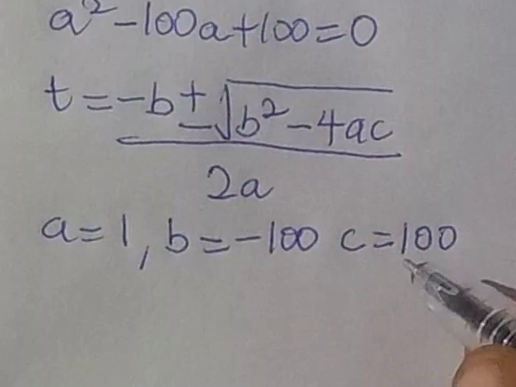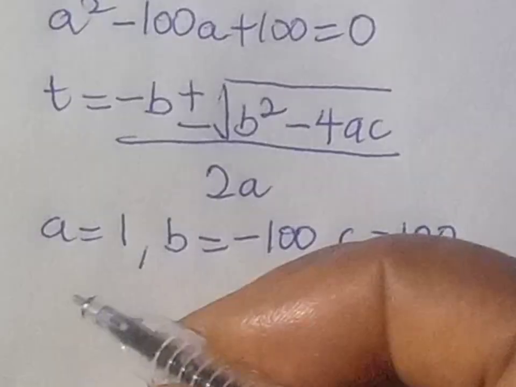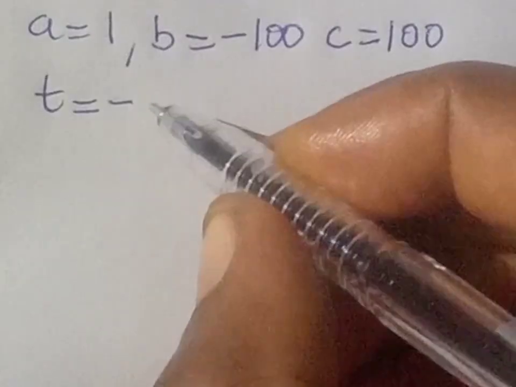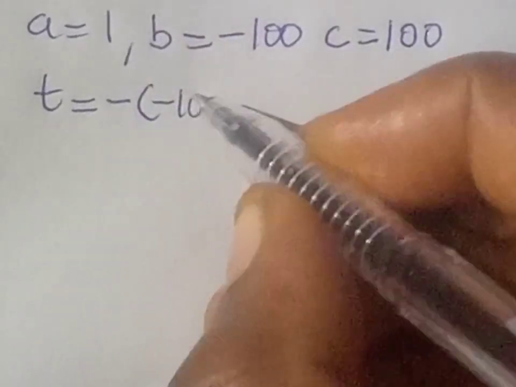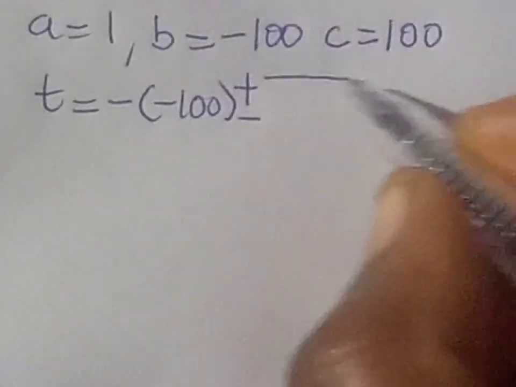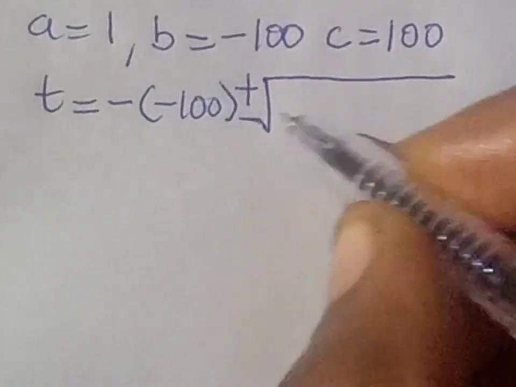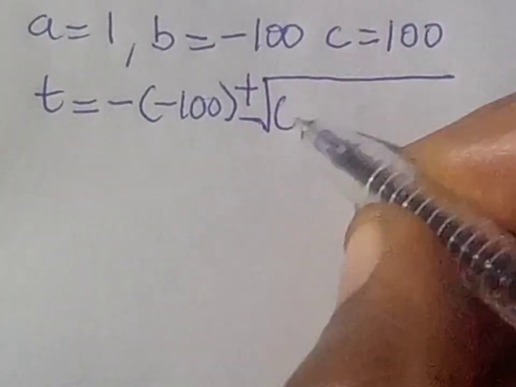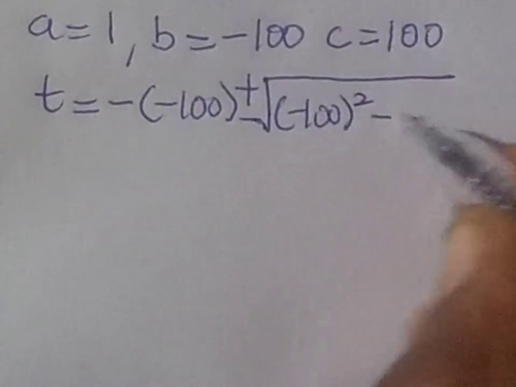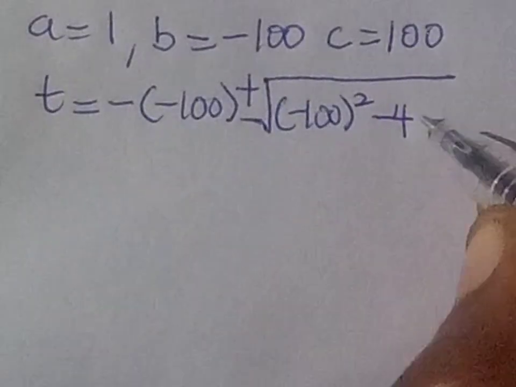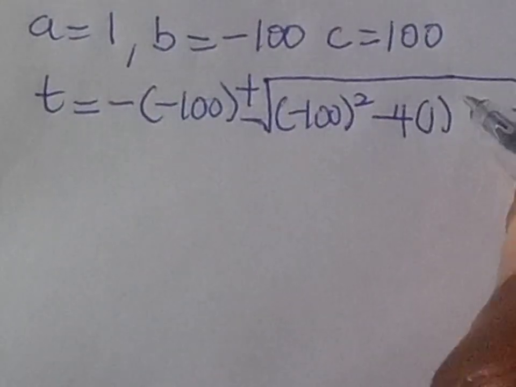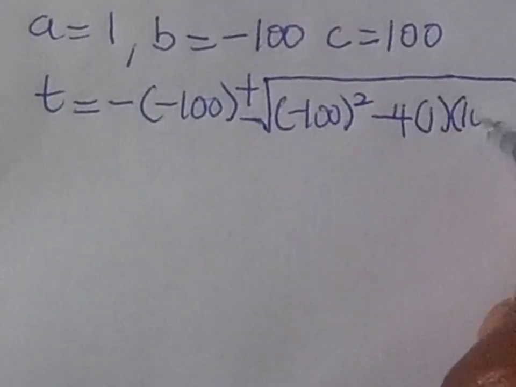Now let's substitute it, which gives us t equals minus minus 100 plus or minus square root of minus 100 square minus 4 times our a is 1 and our c is 100.